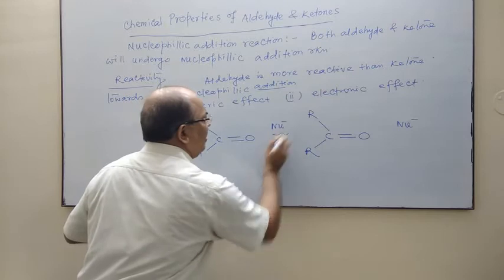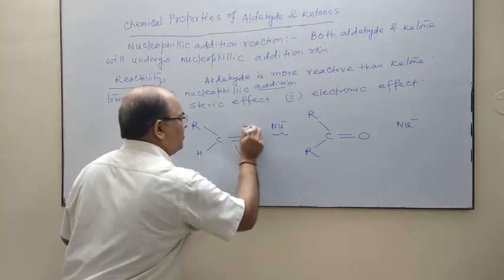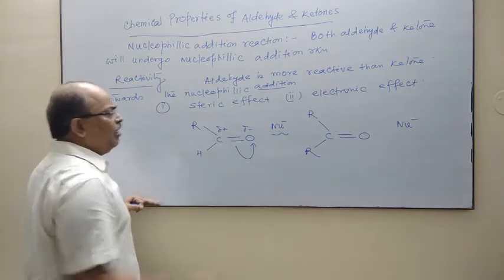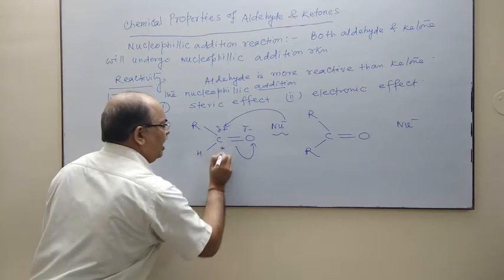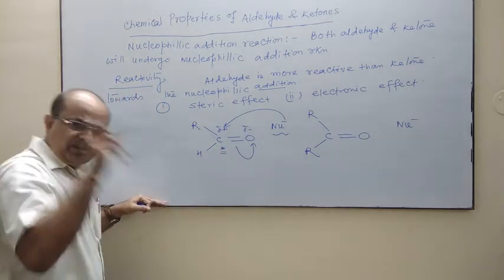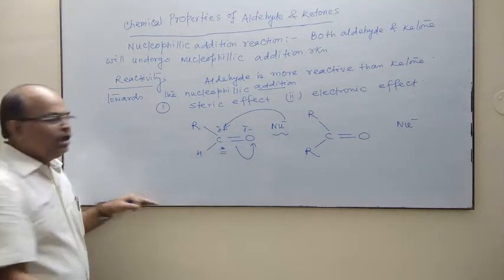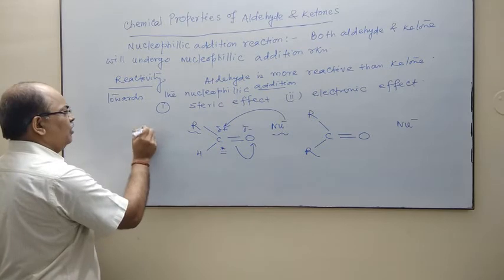This nucleophile is carrying a negative charge. This becomes delta minus, this becomes delta plus. Now when the nucleophile attacks this positively charged carbonyl carbon, it is only possible if the positive charge is there. You know this alkyl group is your plus I group.